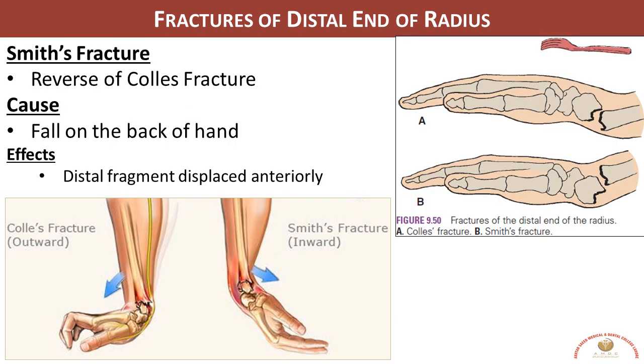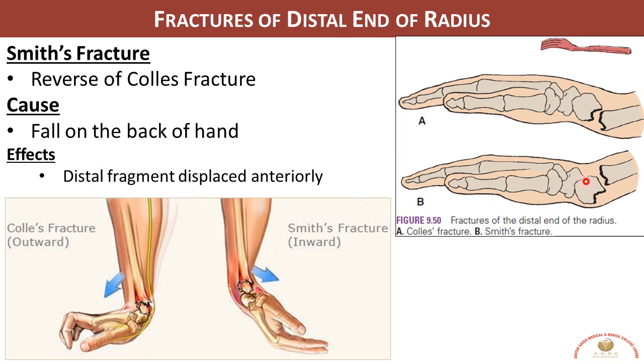Now the second type of fracture is the Smith's fracture. Smith's fracture is the reverse of Colles fracture. How is it the reverse? Here you can see in this diagram, this is the distal end of radius that is displaced dorsally. But in case of a Smith fracture, the distal fragment is displaced anteriorly.